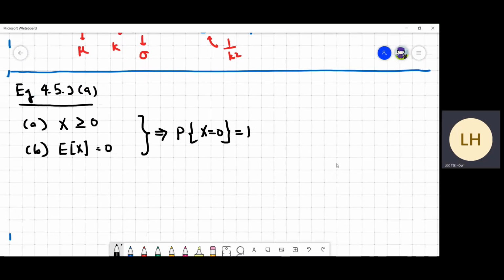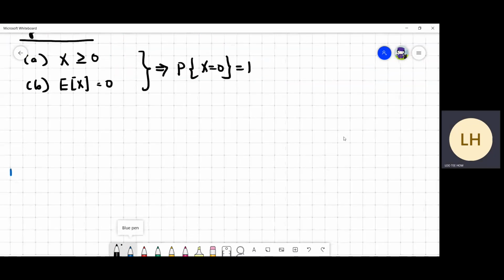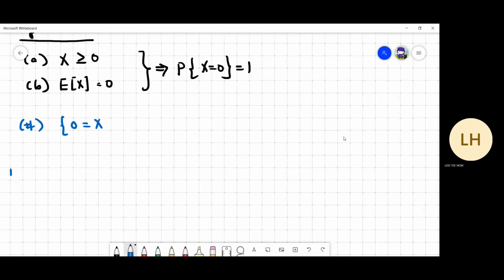Okay, let's recall some of the techniques that we need to solve this problem, as well as some of the observations that we can derive for it. First of all, if you look here, we are considering this event x equals 0. We know that the event x equals 0 is actually the complement of x greater than 0.